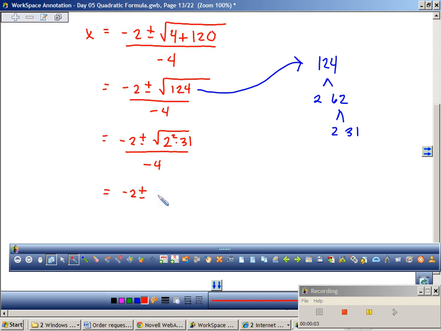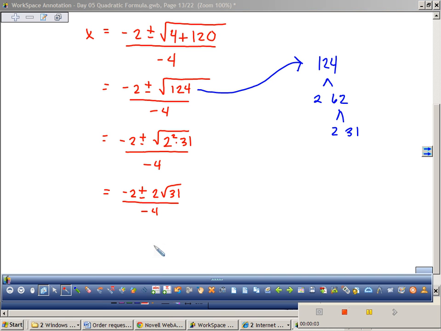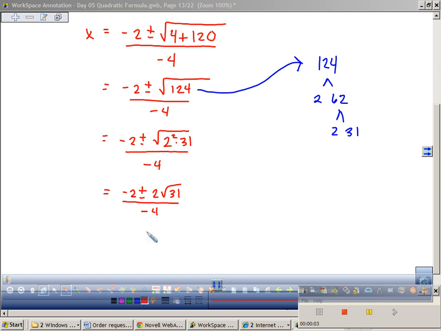Negative 2 plus or minus 2 rad 31 all over negative 4. Are we done? No. Why? Not just 5. There's a 2, a 2, and a 4. Right? So we could further simplify this. Okay, but they're all sharing. It's like saying, what would be a good analogy?